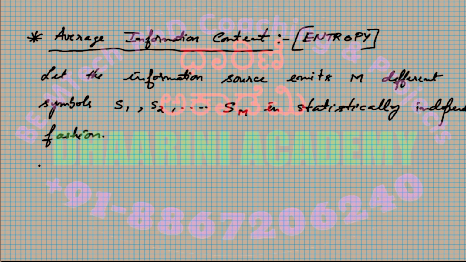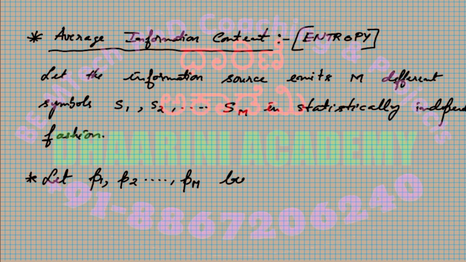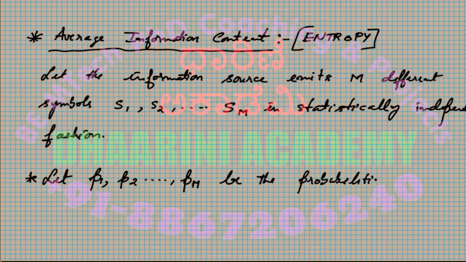So let P1, P2, dot dot dot, up to PN be the probabilities of occurrence of those N symbols.